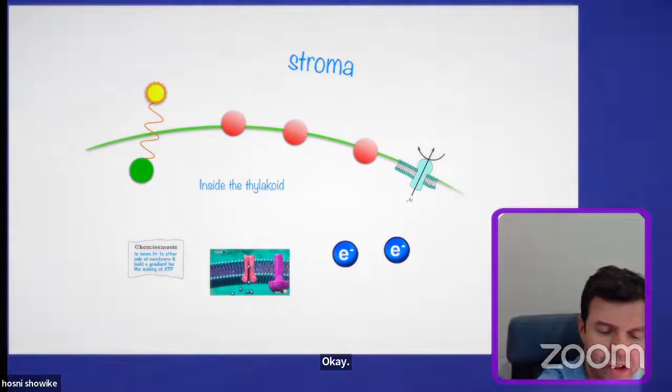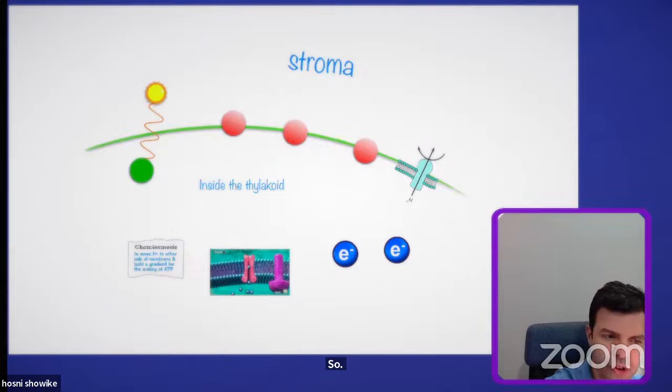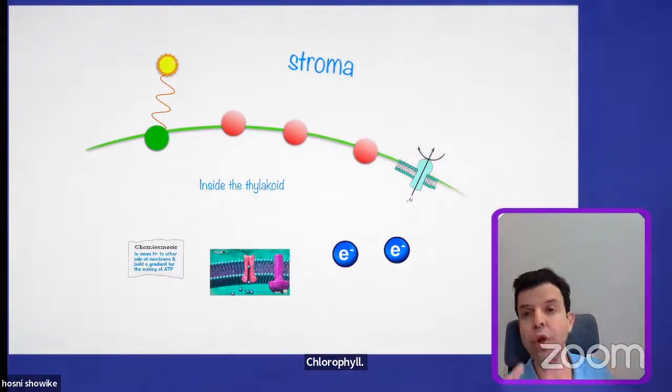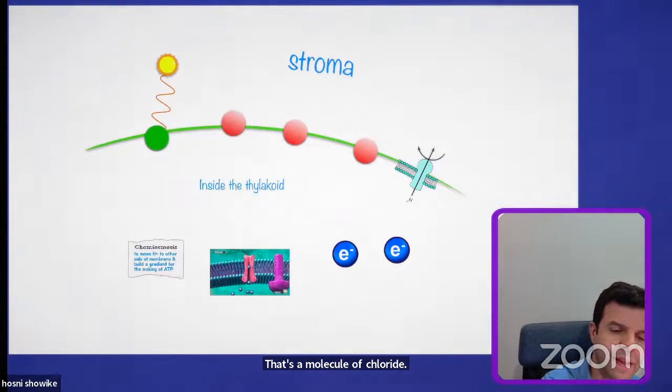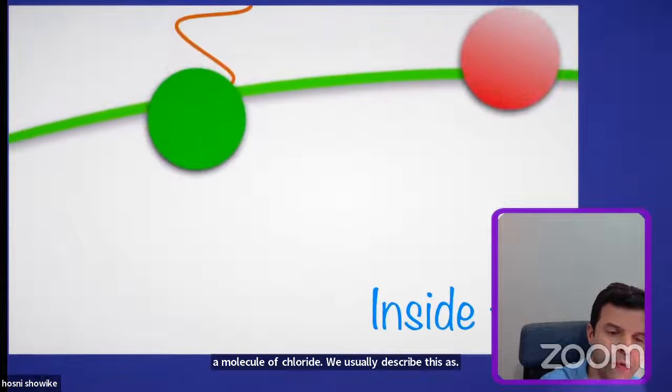So here's the first event. First event is when the light hits the chlorophyll. You see that molecule here? That's a molecule of chlorophyll. We usually describe this as a photosystem.